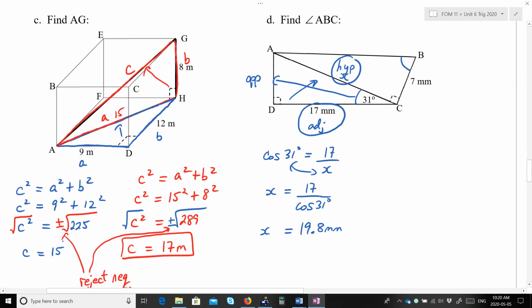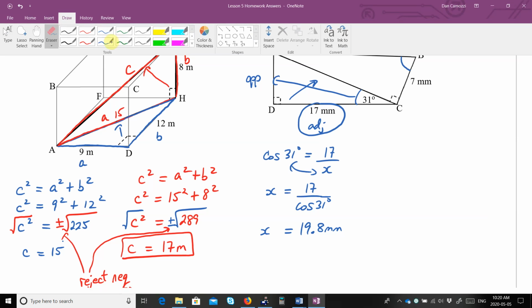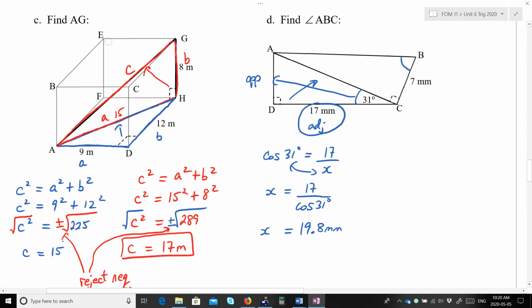millimeters. So I'm going to replace this with 19.8 millimeters. And now we are going to try to get angle ABC. Across from it is the opposite, so that's now the opposite side.